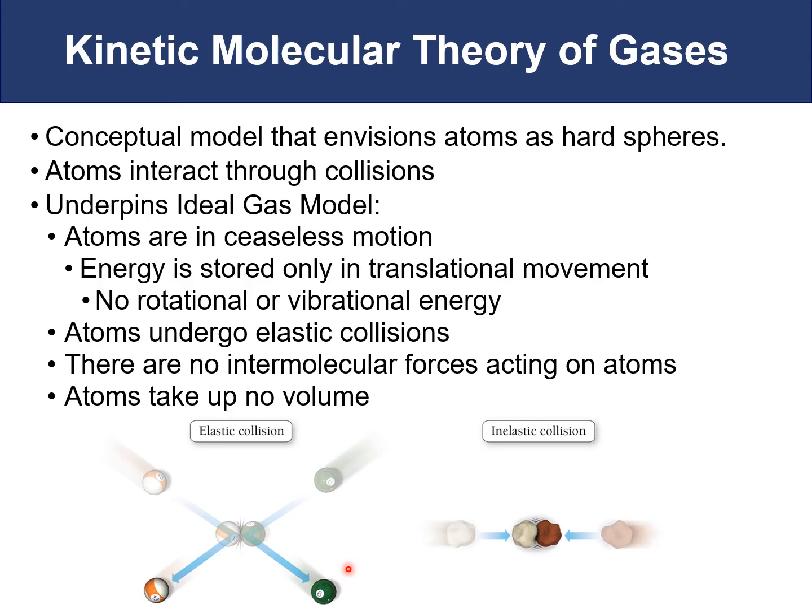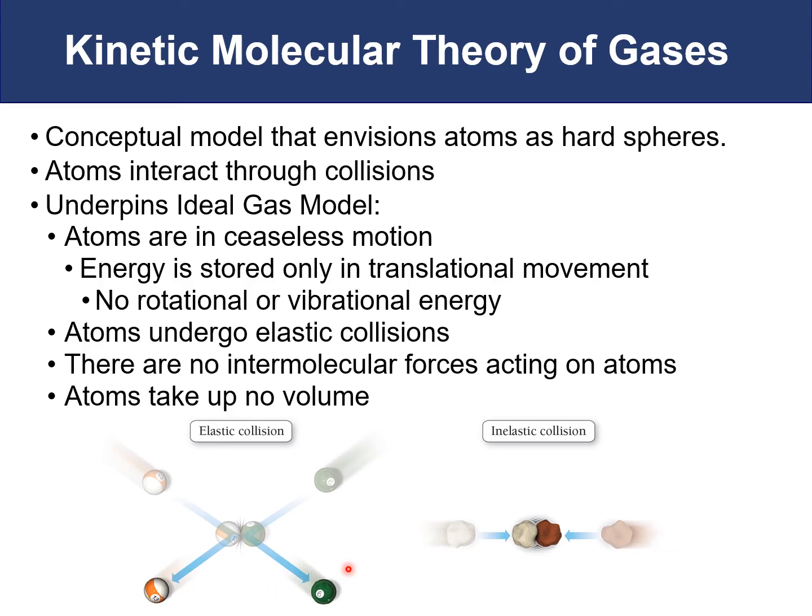If you compare the rotational and vibrational energy to the amount of energy that's stored in translational motion, at room temperature, the vast majority of it is translational, which is why we can make an approximation that there, for all intents and purposes, is no rotational or vibrational energy. It's used to simplify the math and make things easier to predict, but if you're going for high accuracy, you would have to take the rotational and vibrational energy into account.